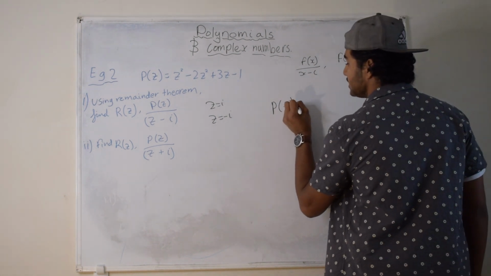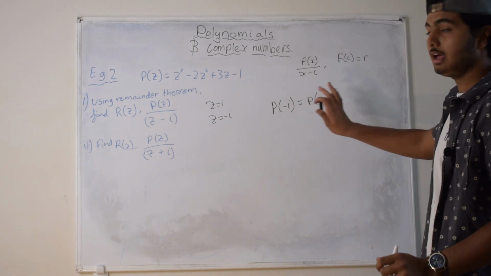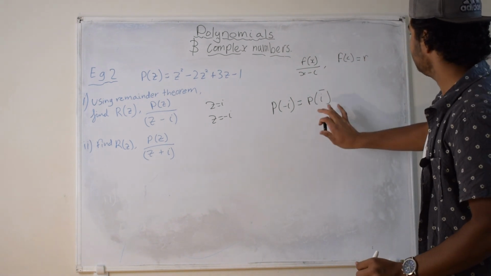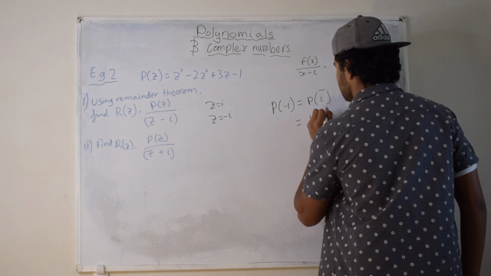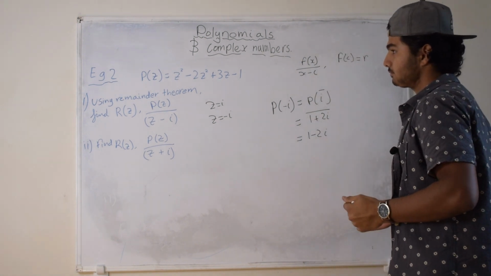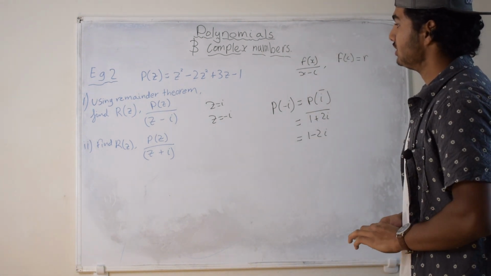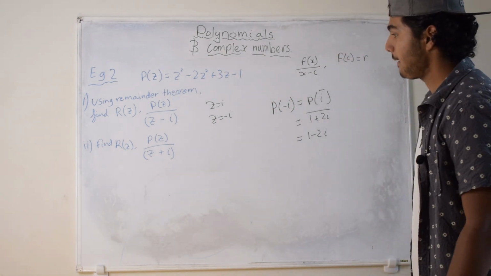So we can rewrite this as p of i with a little bar on top, denoting that it's the conjugate. Same thing, if we know what p of i is, which is 1 plus 2i, bar, which is just 1 minus 2i. So that is the remainder theorem and those examples over here.